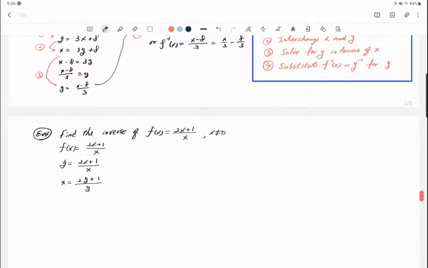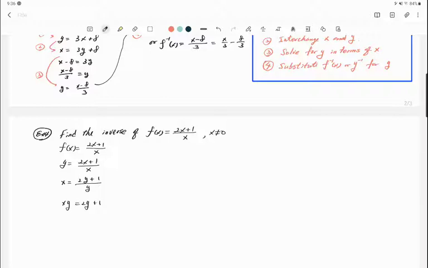Okay, solve for y. So why don't we cross multiply so that we will have xy equals 2y plus 1, right? Cross multiply, or multiply each side by y.